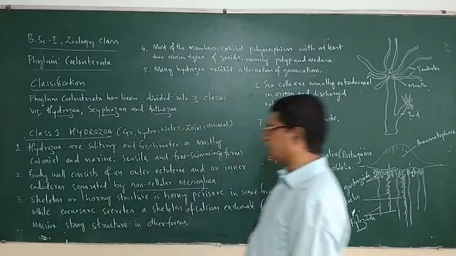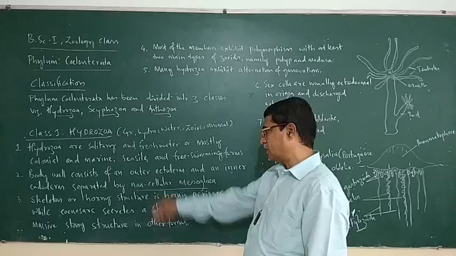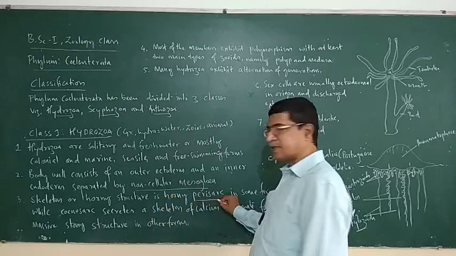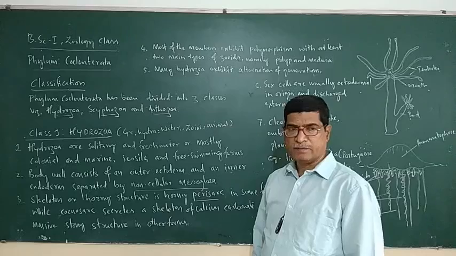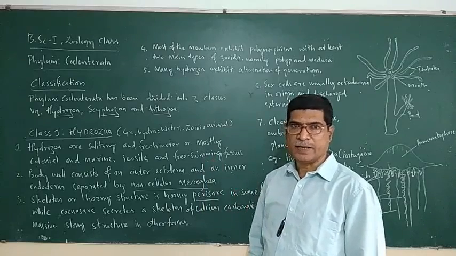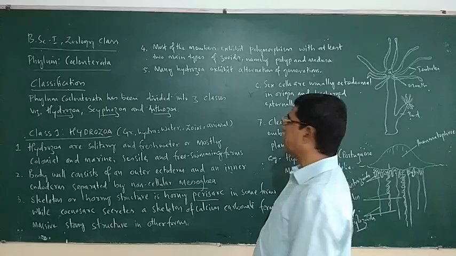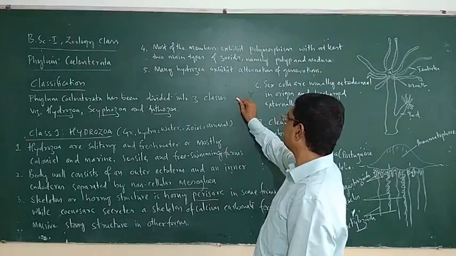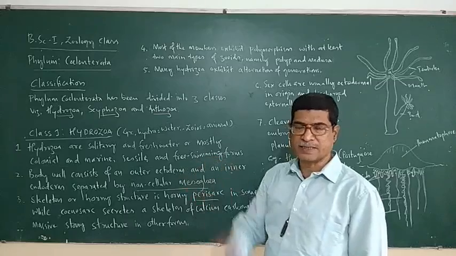Third general characteristic of class Hydrozoa is skeleton, a horny perisarc. Perisarc, outside the body, a layer is formed. It gives protection to the animal body. This is called perisarc. In the Obelia colony, we can see it very easily. Outside the polyp, the entire colony, the perisarc is there.